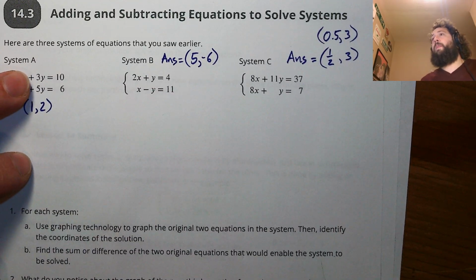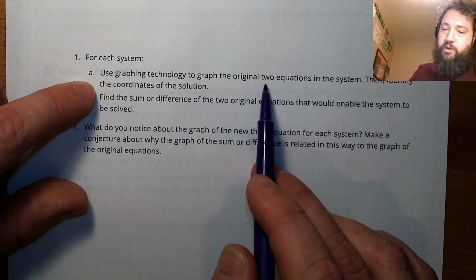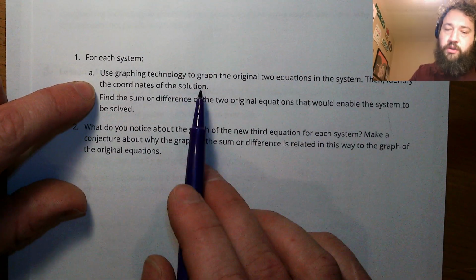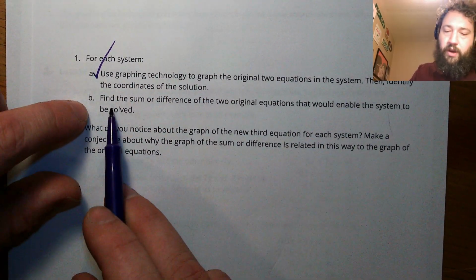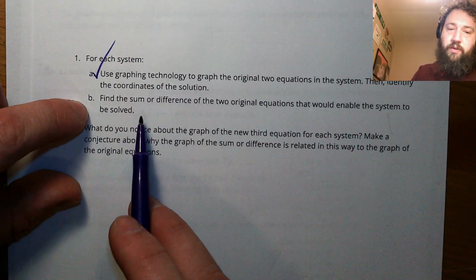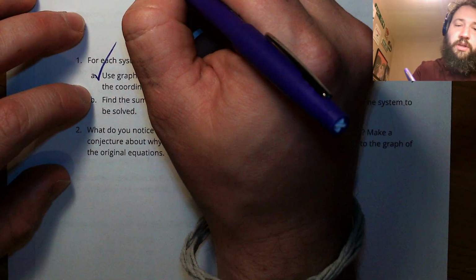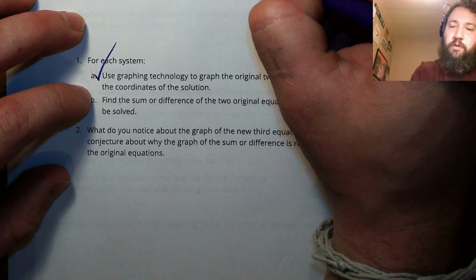Okay. Now, use graphing technology to graph the original 2 equations in the system, then identify coordinates of the solution. Done. Find the sum or difference of the 2 original equations that would enable the systems to be solved. Okay, so let's go ahead and do that. Why don't you sum these down yourself?